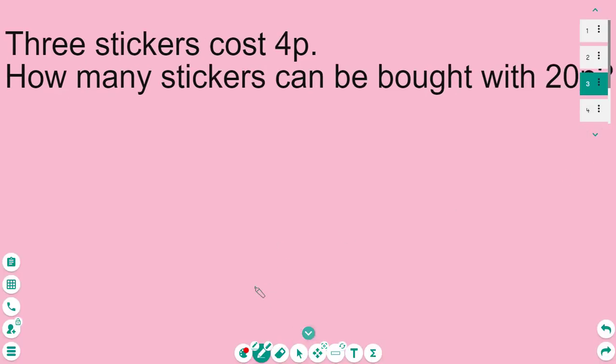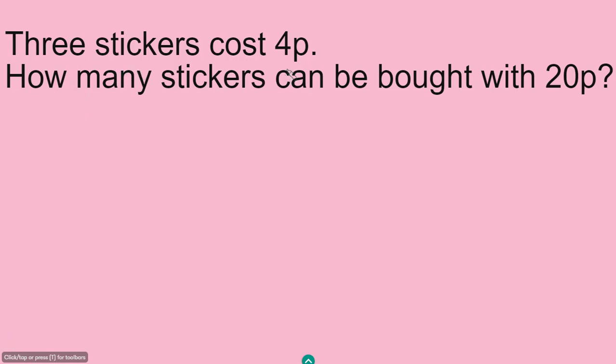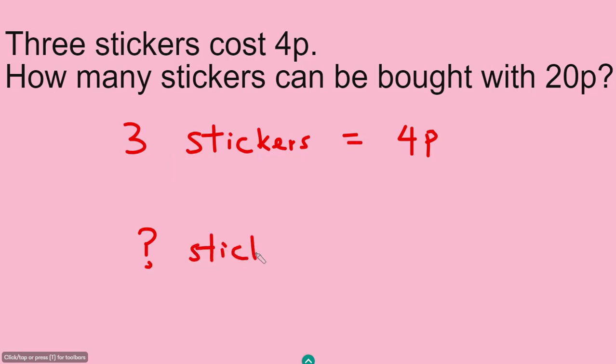Next question here. 3 stickers cost 4p. How many stickers can be bought with 20p? Again, we start out with the statement. We know 3 stickers cost 4p. And we want to know how many stickers we can get for 20p.